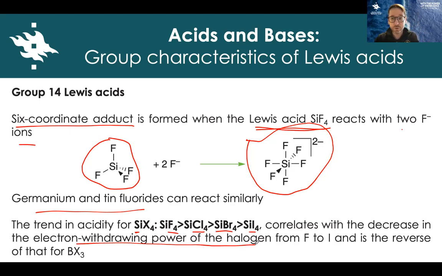So this is the reverse of what we saw with the trihalides of boron. In this case, the electronegativity effect plays the major role. So the more electronegative the atom, the more electron deficient the central atom becomes. So it becomes a better Lewis acid because it forms more thermodynamically stable adducts when it interacts with a base.